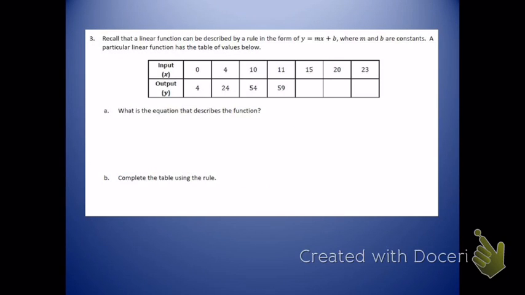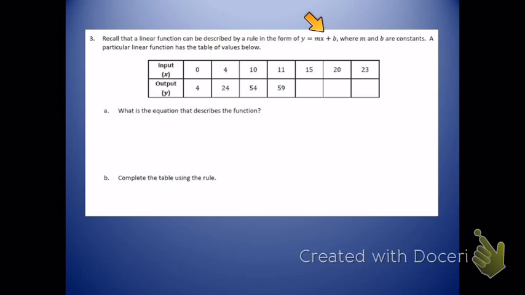Okay, for this last example, we're not really given a context of what these numbers are. It's a function with an input and an output, and we're asked to find the equation that describes the function, and then complete the table using the rule. Okay, so we have these inputs and outputs. We know that this is going to be in the form y equals mx plus b.